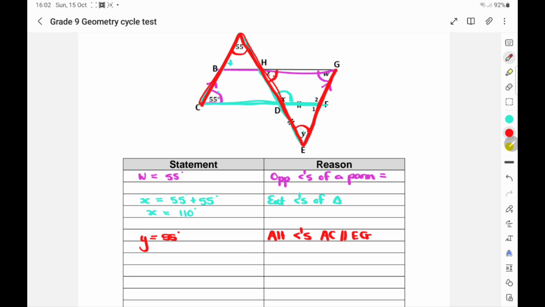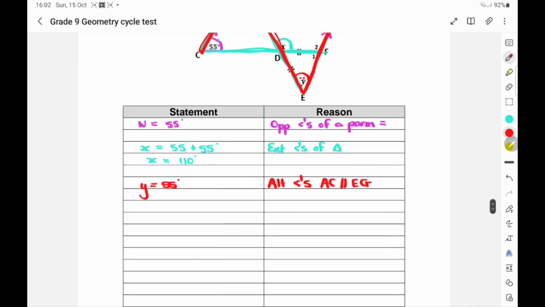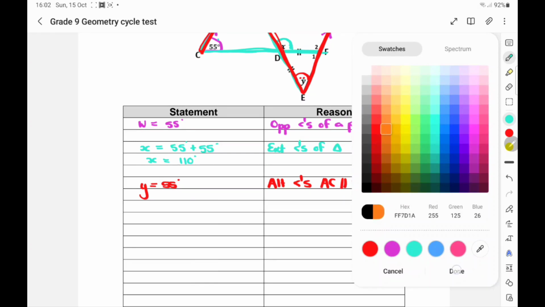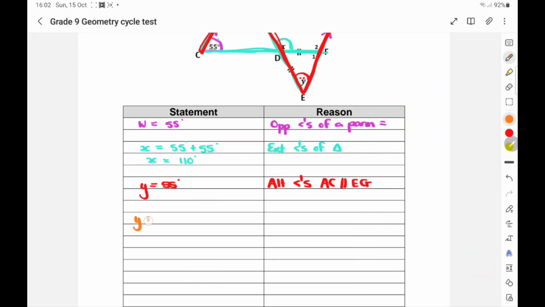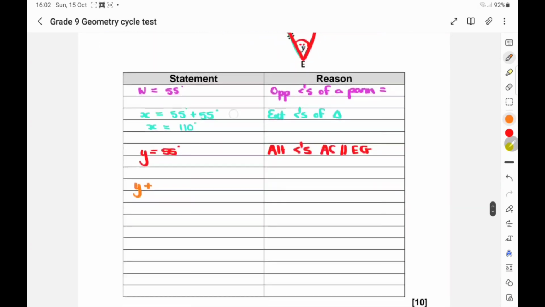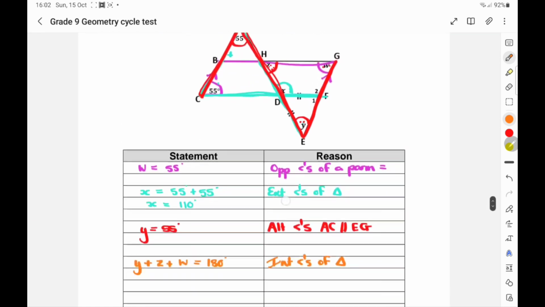Okay, and then X, Y, and Z. Can you see you can get it with interior angles of a triangle all adding up to 180 degrees. So let me just do another color. So Y plus Z plus W is equal to 180 degrees, and that is because of interior angles of a triangle. You can also just say angles of a triangle. I like to say interior angles of a triangle.